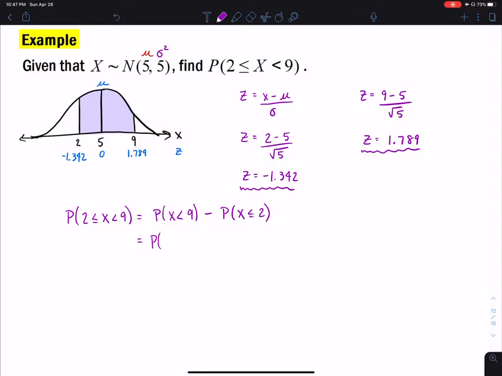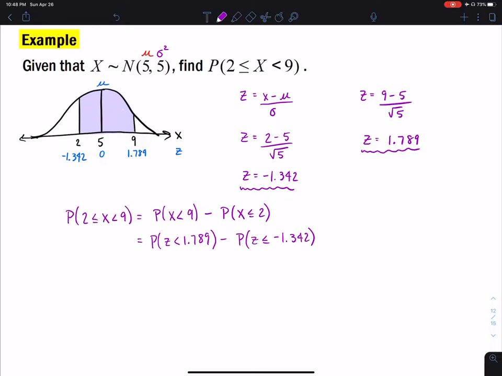Once we get that probability broken up, I rewrite these probabilities, replacing the x with the z-score it correlates to. For the 9, it's z is less than 1.789, minus the probability that z is less than or equal to, keeping the same notation because that's what was in the question, negative 1.342.